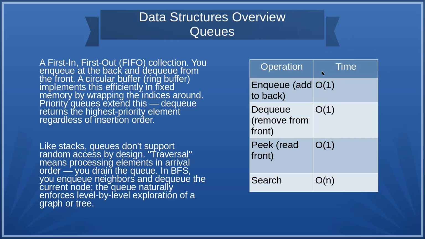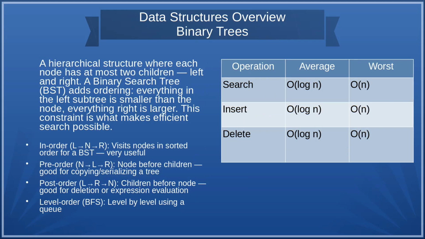And yeah, pretty explanatory. You mainly just want to access, remove, or read the very first element. And if you want to search, you just go through each element and step until you find the one you're looking for.